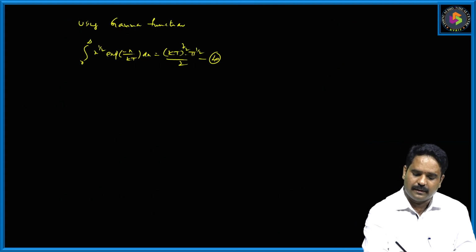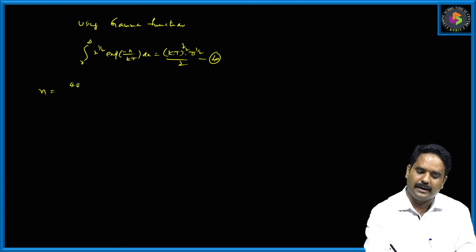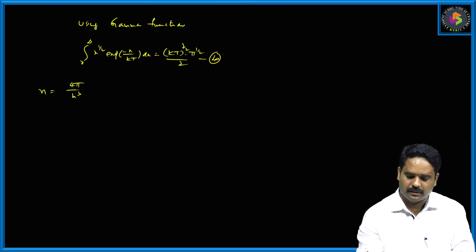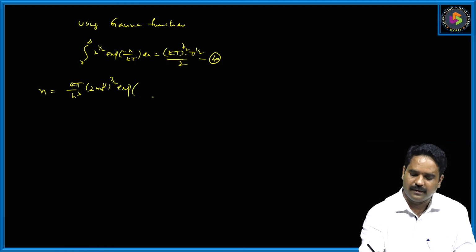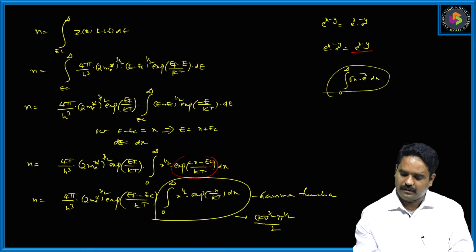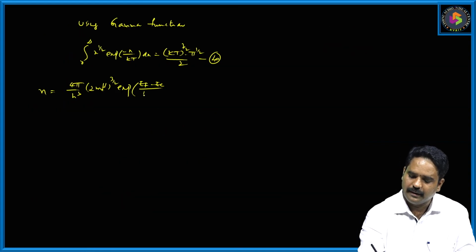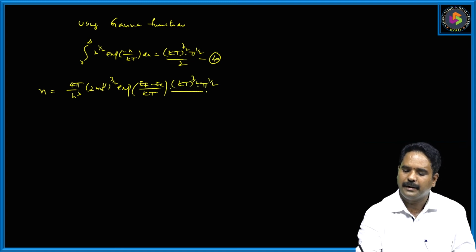Then the density of electrons in the conduction band can be written as 4π by h cubed (2 me star) to the power of 3/2 exponential of (Ef minus Ec) by kT, next (kT) to the power of 3/2 pi power of 1/2 by 2.